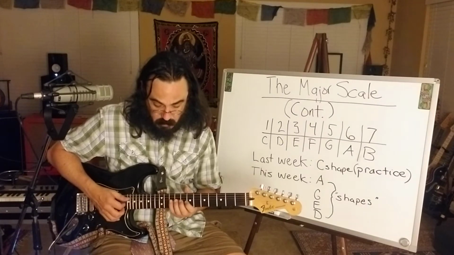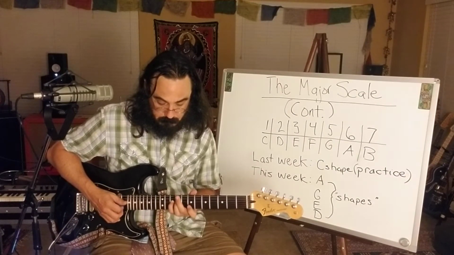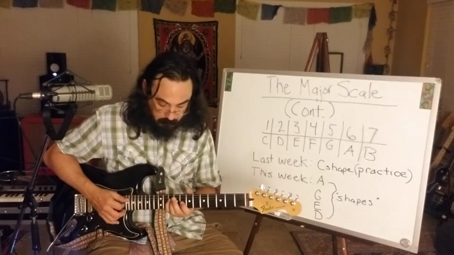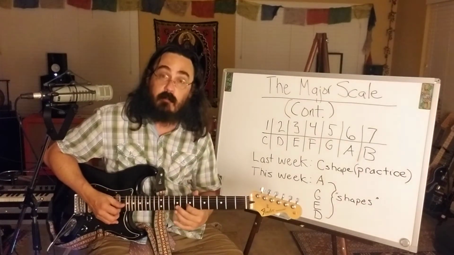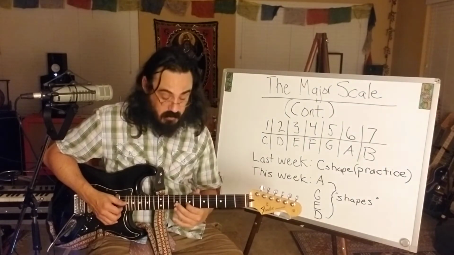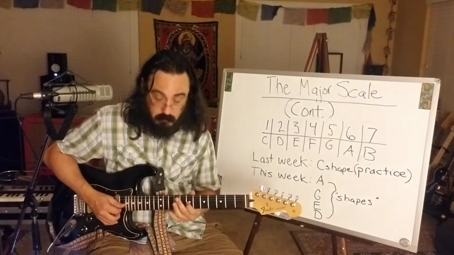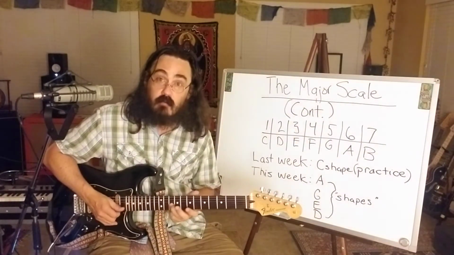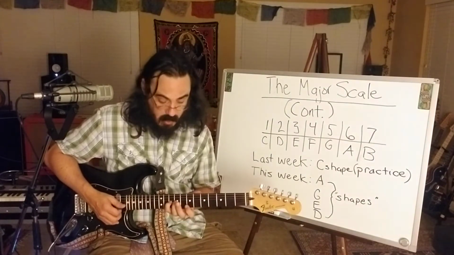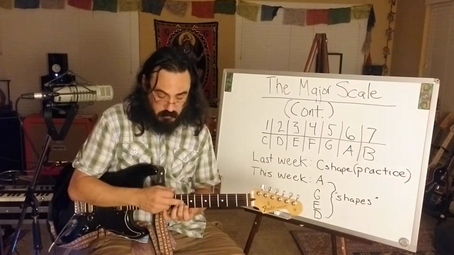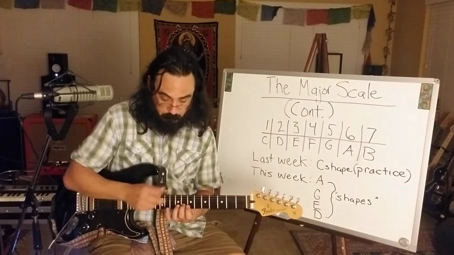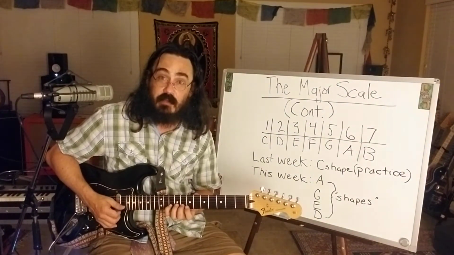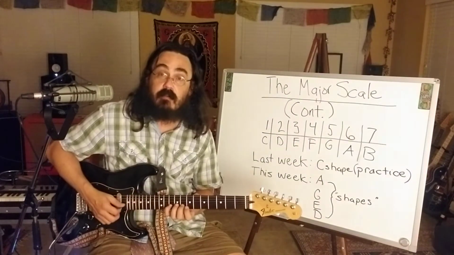Then I can continue going up. So I have my C again on the 10th fret, 4th string. Now I can find my D on the 3rd string, 7th fret. 1, 2, 3, E, 4, F, G. Use your middle finger here for the G, on the 8th fret, my pinky finger on the 10th fret of the 2nd string.